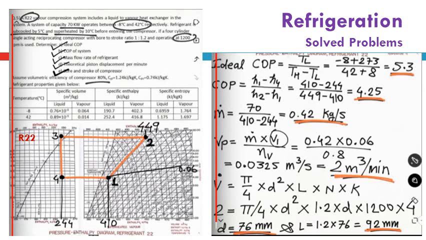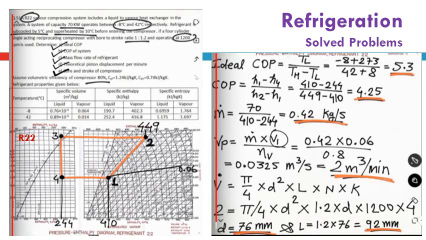Item D, theoretical piston displacement per minute in meter cube per minute, using the piston displacement equation, which has been discussed through many previous problems. Piston displacement equals m dot refrigerant multiplied by the specific volume of state 1 at entering the compressor divided by the volumetric efficiency, which is given in this problem as 80%.